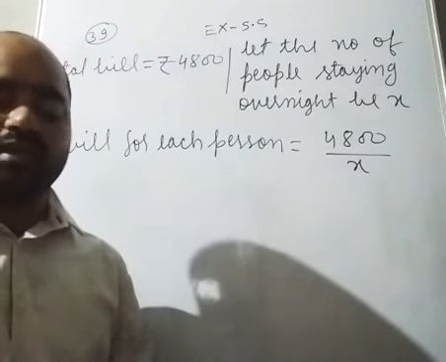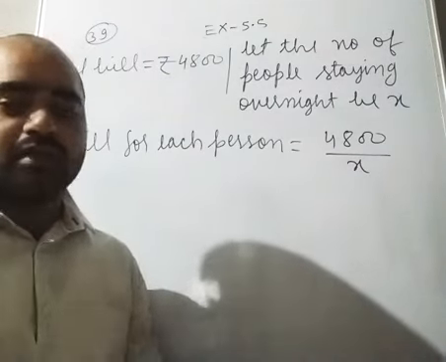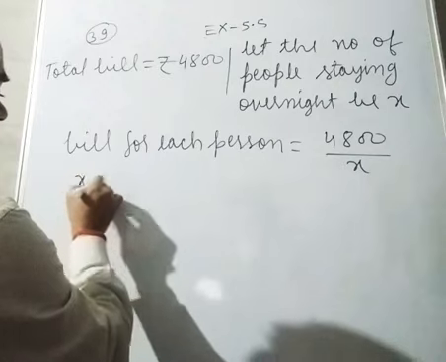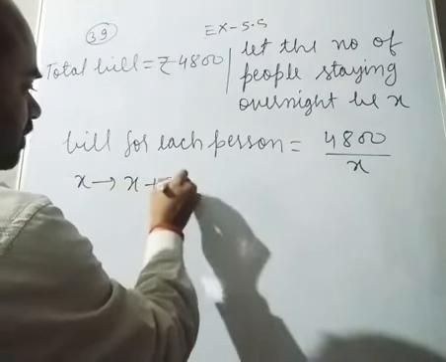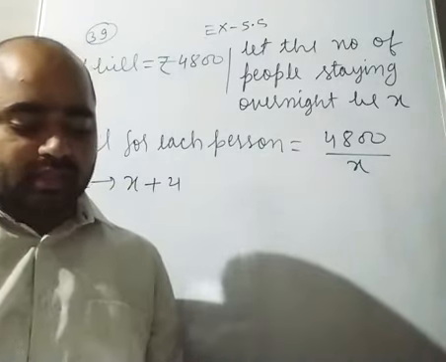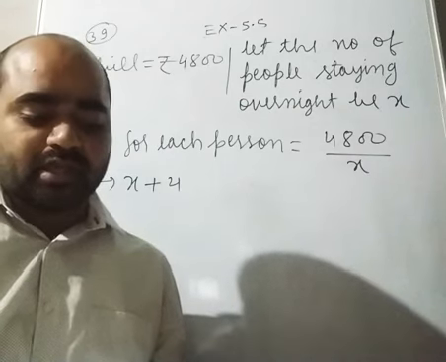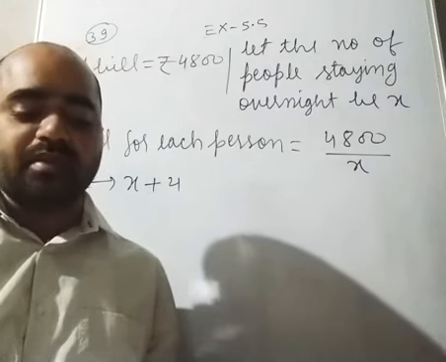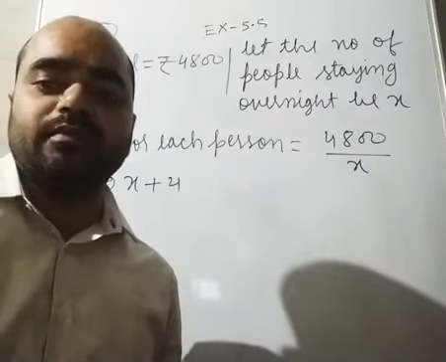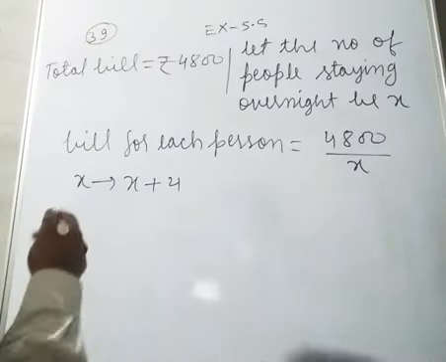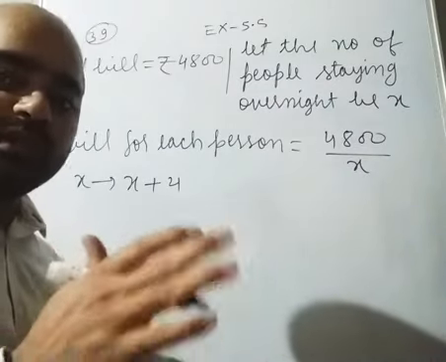Correct? But the condition is, if there were four more people, it means if x was x plus 4, then the bill each person had to pay would have reduced by rupees 200. Clear?